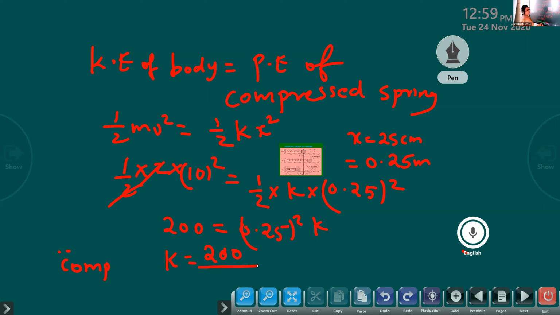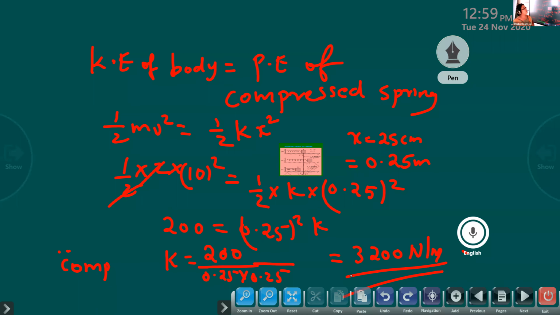Either you do 0.25 into 0.25, or you change it. After taking the powers and everything, you should check whether you are getting this answer. The unit of force constant is Newton per meter, force by length. So check your answer.